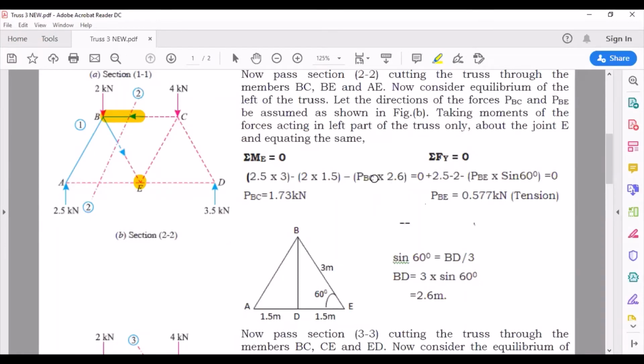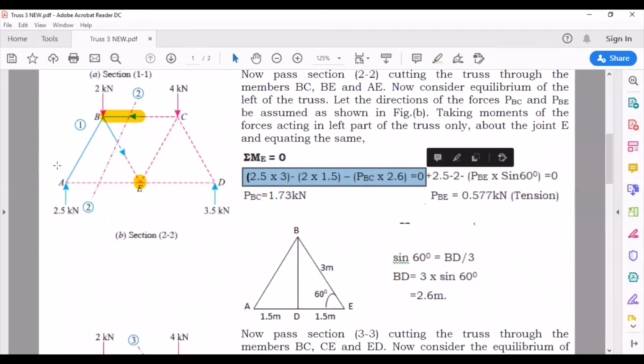So this equation is 2.5 into 3 minus 2 into 1.5 minus PBC into 2.6 is equal to 0. So this is the equation.